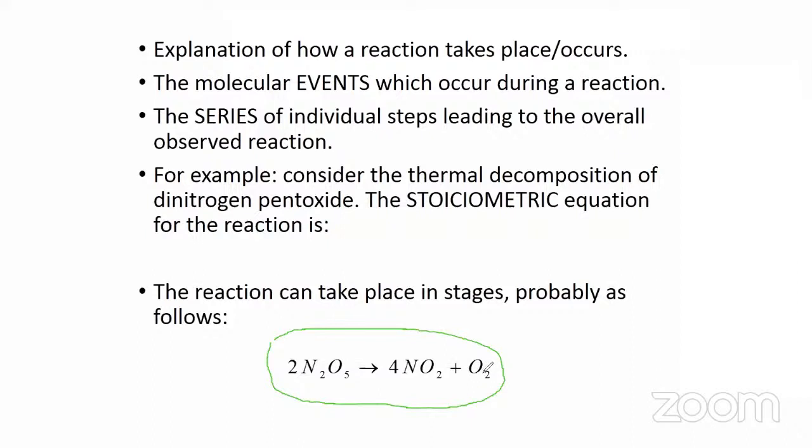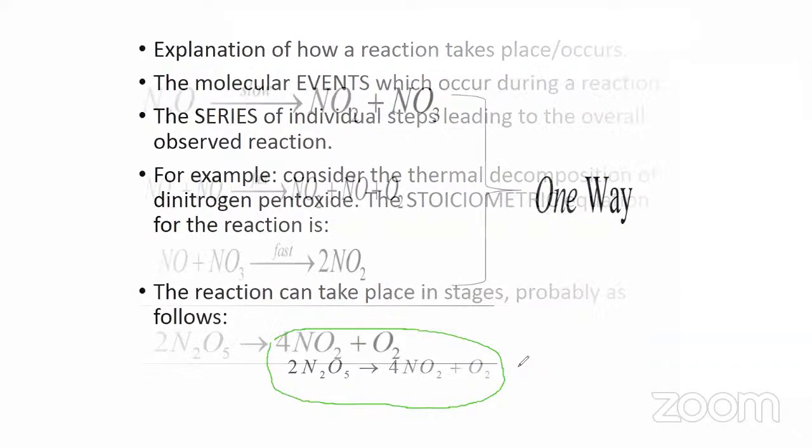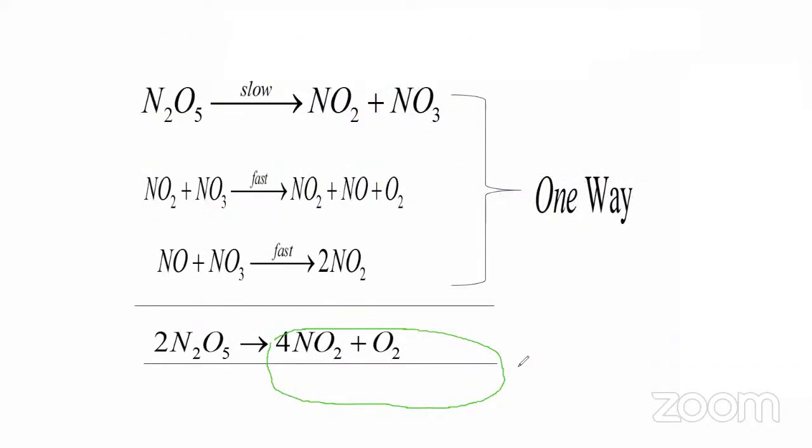So if you want to give an account, it depends on how intelligent you are in this area and your experience. For example, I can give an account of how I got from nitrogen pentoxide to nitrogen dioxide and oxygen. Look at the steps you have there.